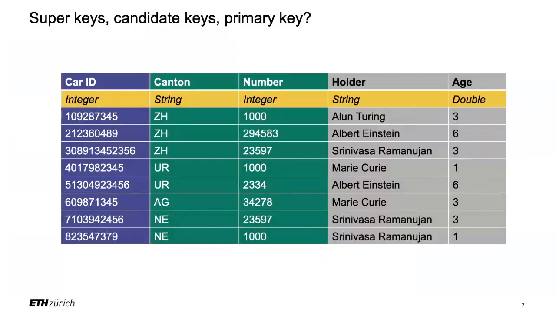For example, here, if you change the numbers and at some point it turns out that all the numbers are different, so you don't have twice the same number in different cantons, then you could accidentally have number be a super key. And then it means that for this table, where number is by accident a super key, canton plus number would no longer be a candidate key, because it's no longer minimal.